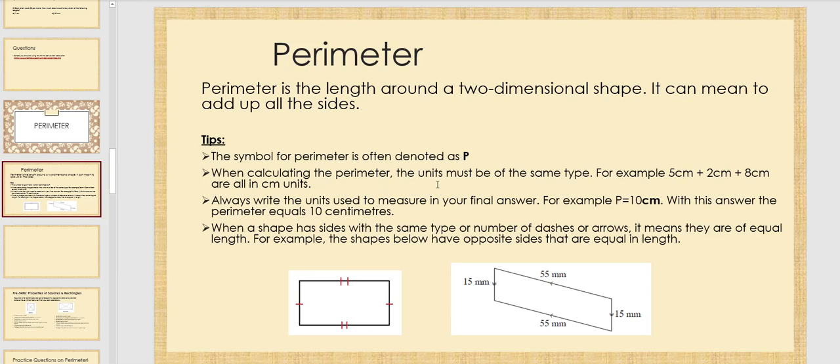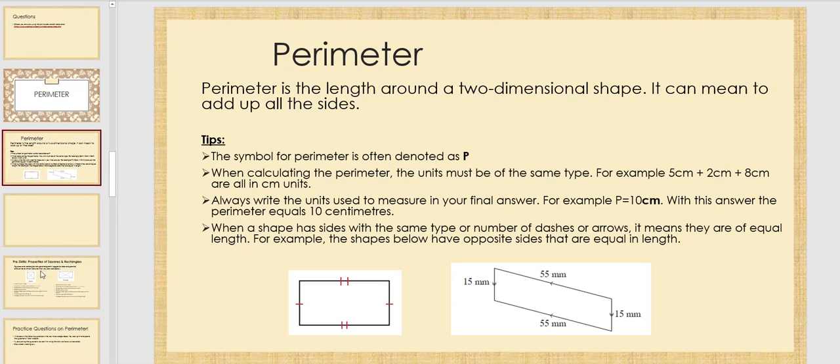All units must be the same when adding, so we might have to convert units at some point. Write the units in your final answer. Okay, so we have to see centimeters, meters, and so on. And when a shape has sides with the same length, we see dashes and arrows, which we'll explain in the questions that we do. So make sure you've read through this first.